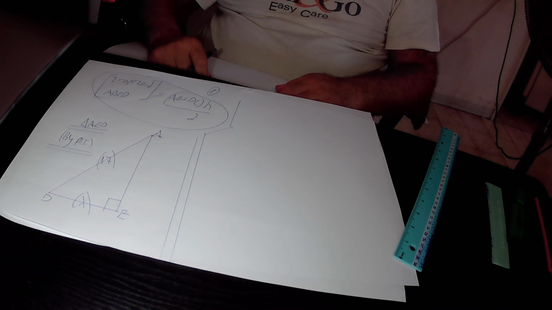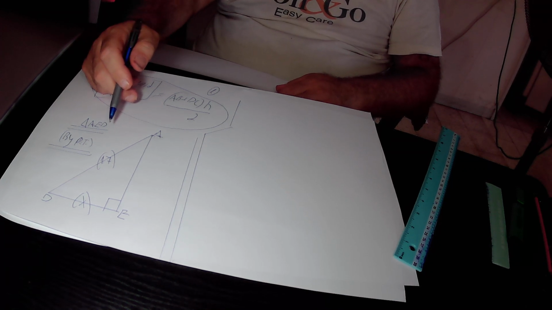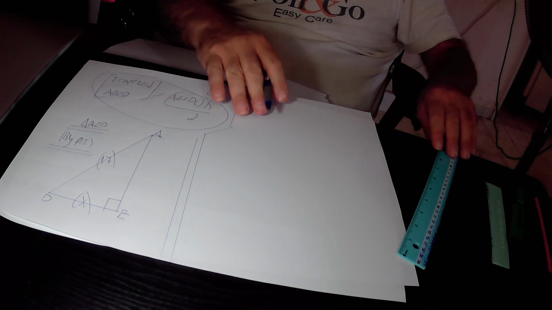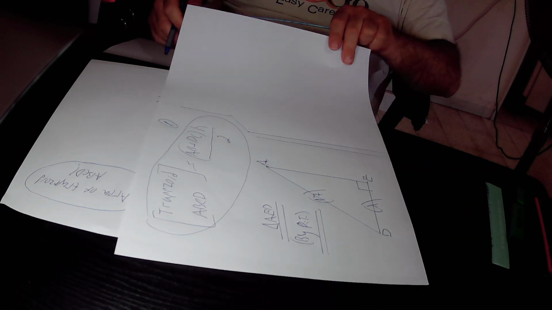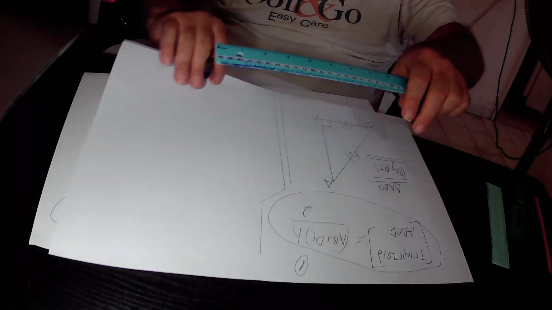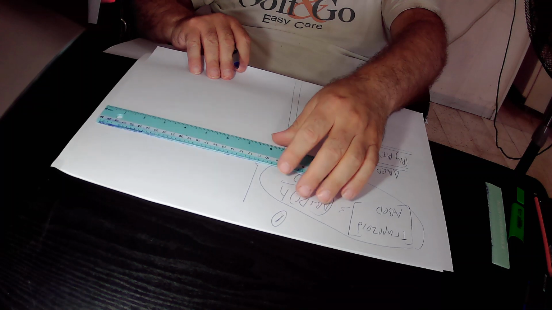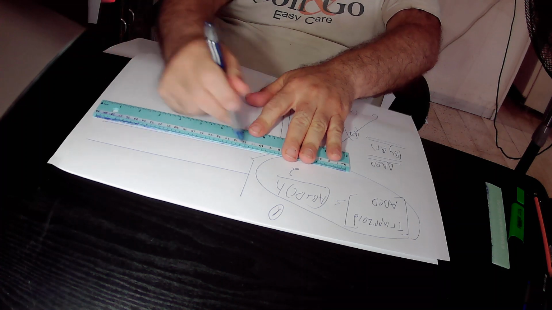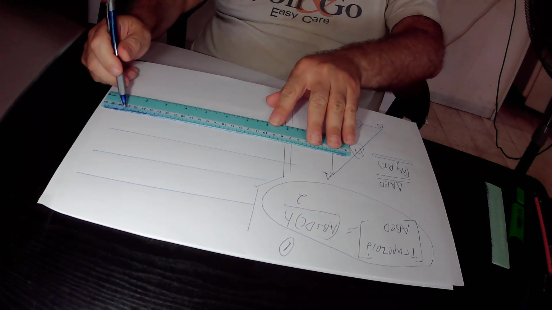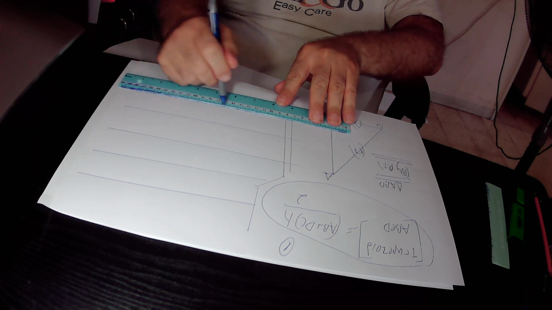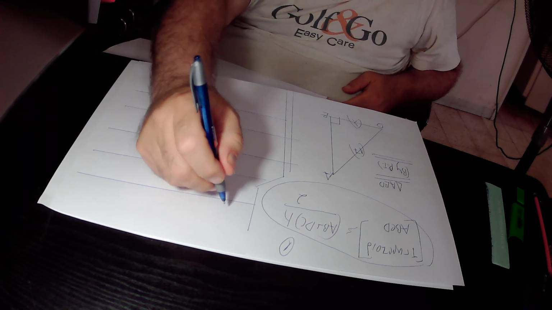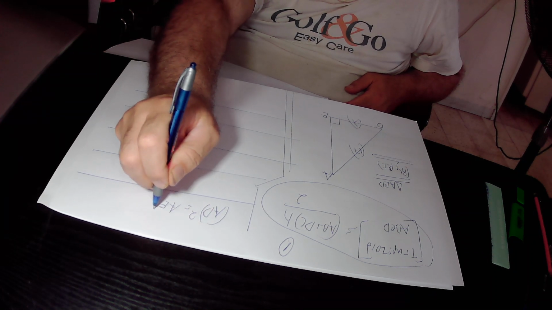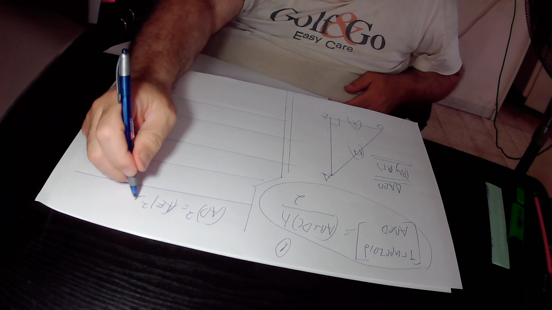According to the Pythagoras theorem, in this right triangle AED, AD squared, that is the square of the hypotenuse, equals AE squared plus DE squared. So I'll write it down.